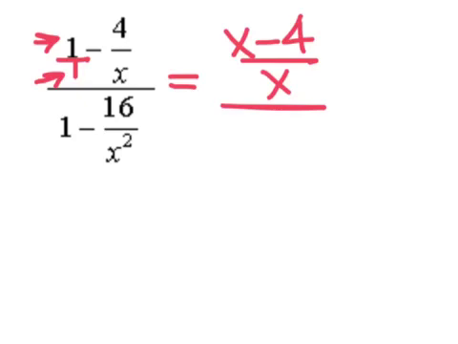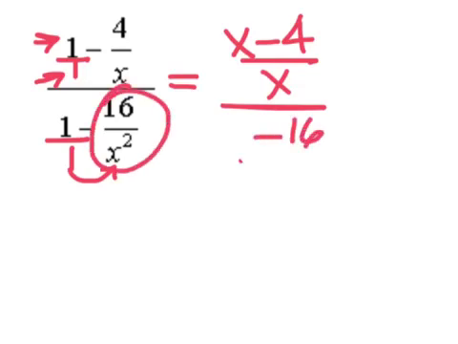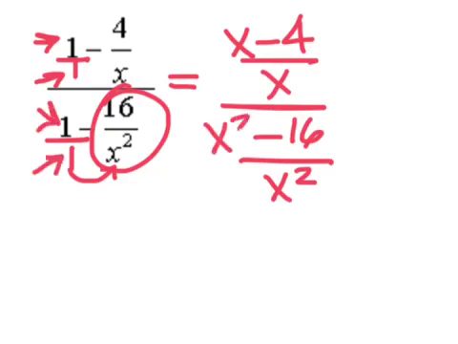And just like we did up top and in the problems before, you need the common denominator between 1 and x squared. This doesn't change, so you're still going to have a minus 16 over x squared, but since you multiply this by x squared, you need an x squared there as well.